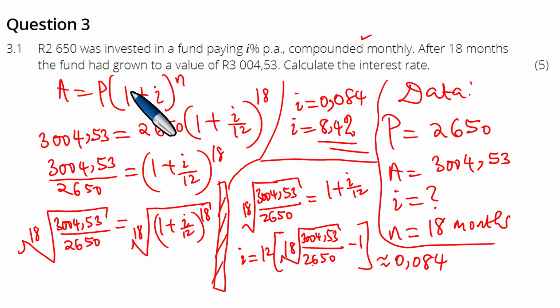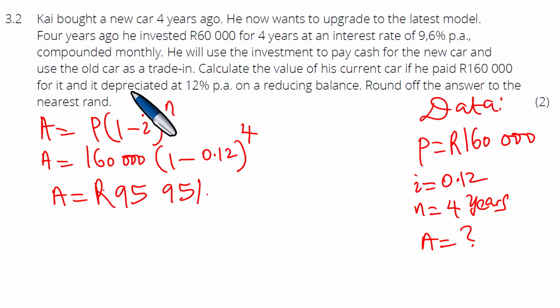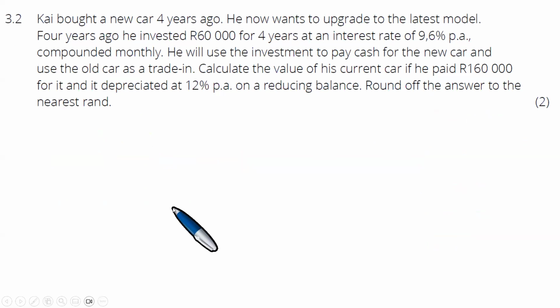Right, so in other words, here's the investment. It was the price of the new car, now calculate the value of his current car. If he paid 160,000, it became 95,951. So this became the value of the car.